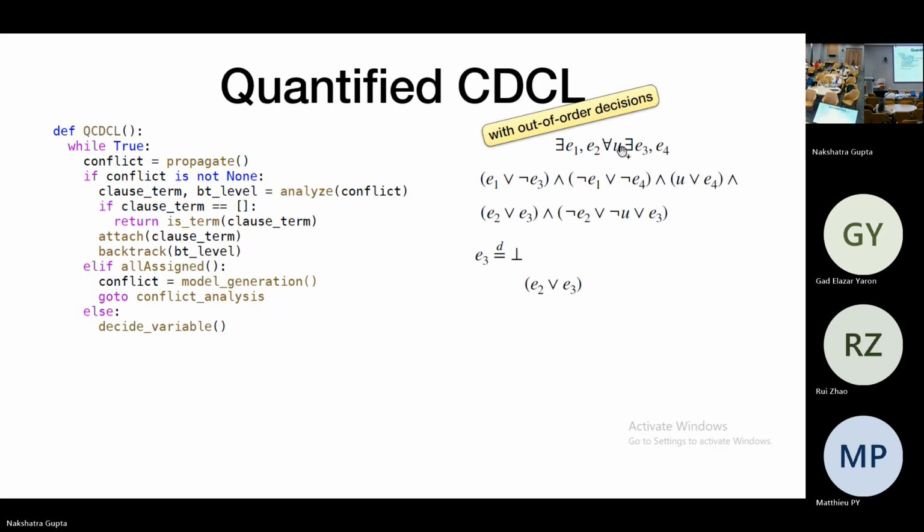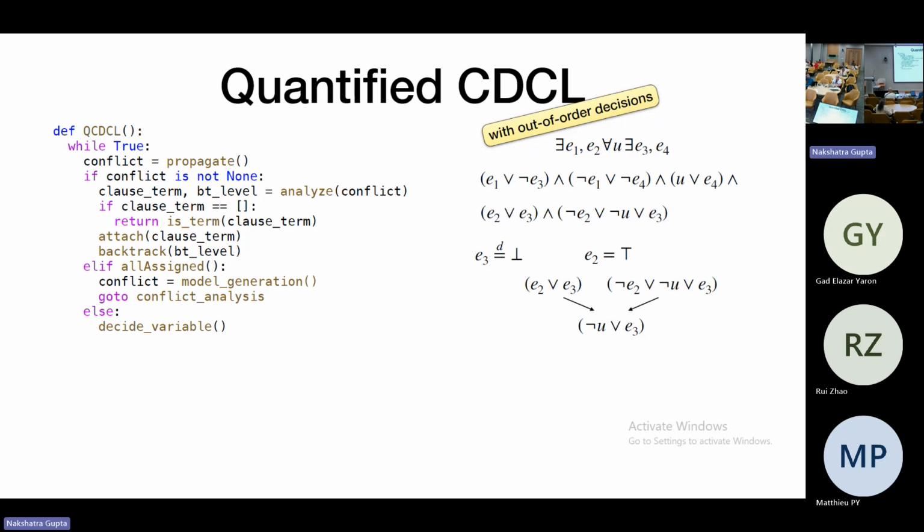Then this clause becomes a unit clause. We propagate E2, and we end up with this clause. Now we start performing Q resolution in order to derive a new learned clause. We get to this clause here, U and E3. And now we can't really continue, right?